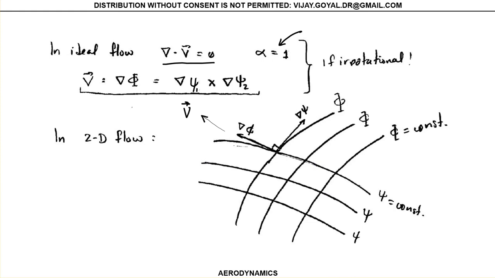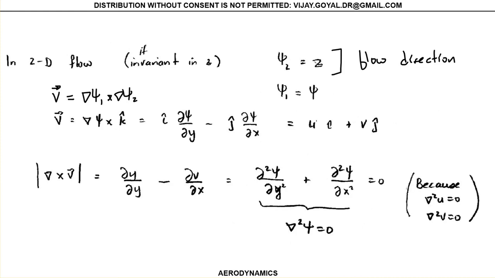So a couple of things we want to do here, and we have done this already. Don't want to spend too much time, but I just want to tell you that once I have my flow direction, one of my stream functions is automatically going to be that direction. Okay. As an example, in this case, I'm assuming it goes in the z direction. So if I am psi1, psi2 will be z.